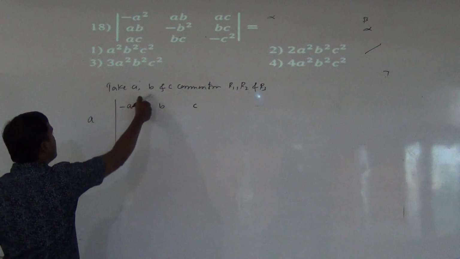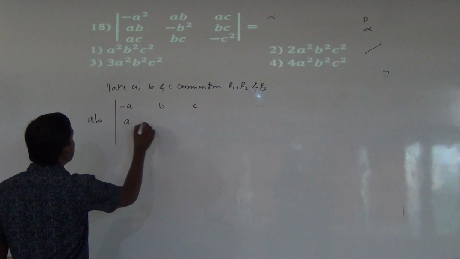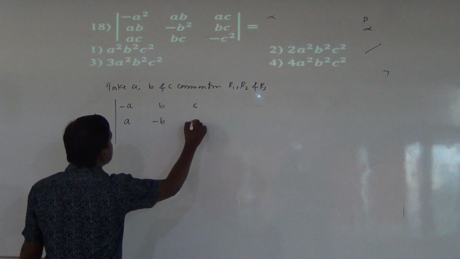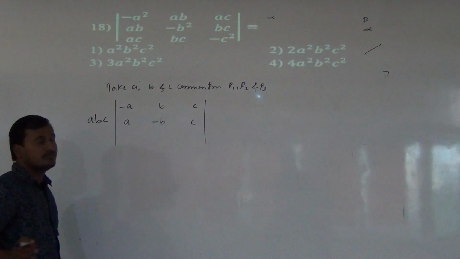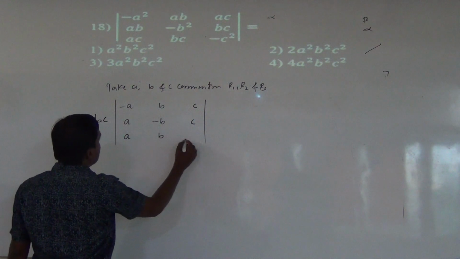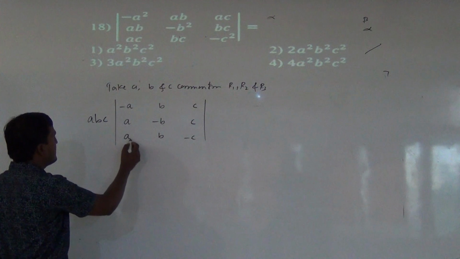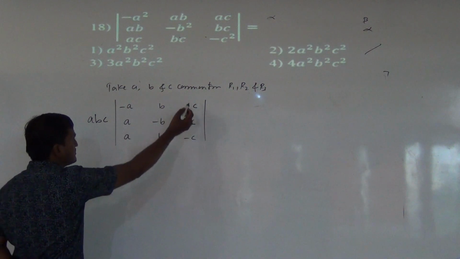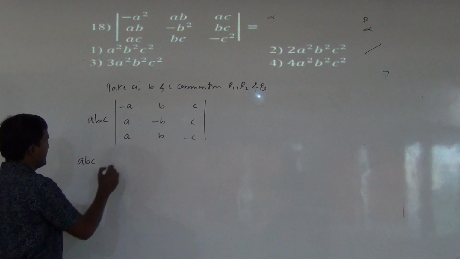I will take B common from R2, therefore this becomes A, minus B, and here it is C. Next, I will take C common from R3, so therefore A, here it is B, here it is minus C. Again take A common from C1, B from C2, C from C3, so this becomes ABC.